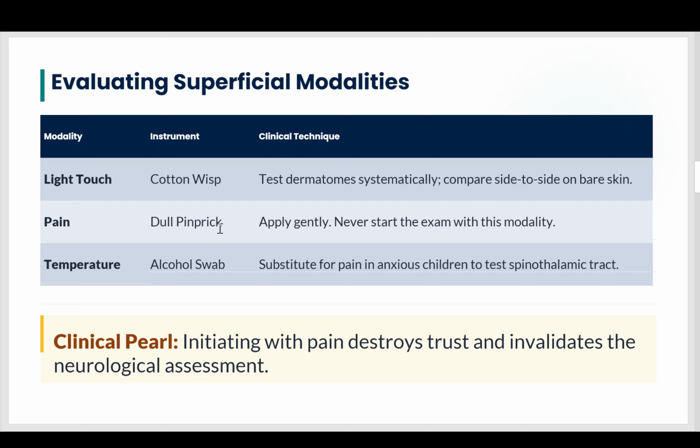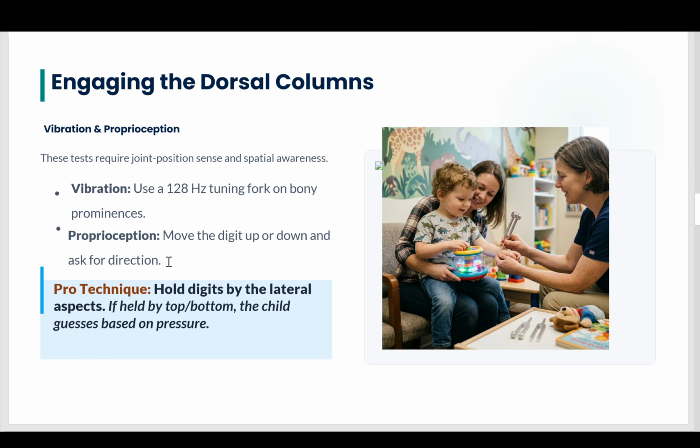Dorsal column testing is done by the appropriate use of a 128 Hz tuning fork applied on the bony prominences, and proprioception is tested by moving the digit up and down while holding the digit by its lateral aspects.